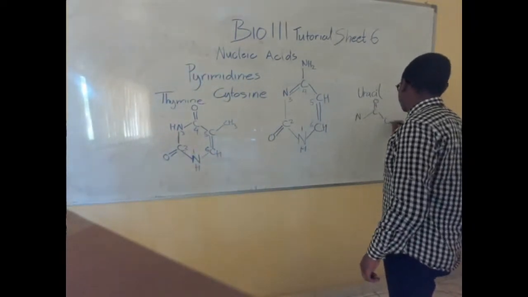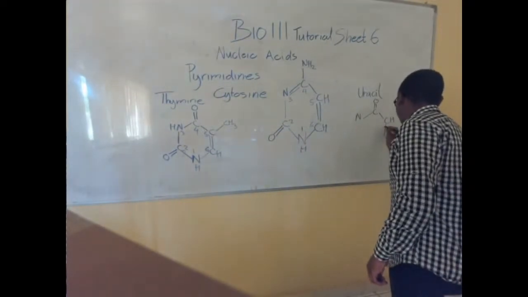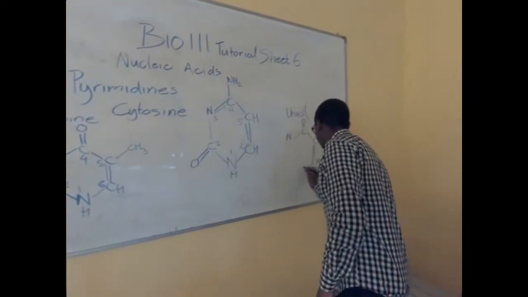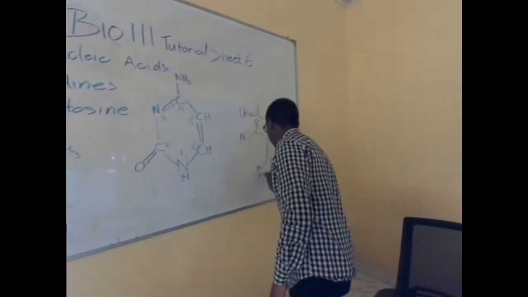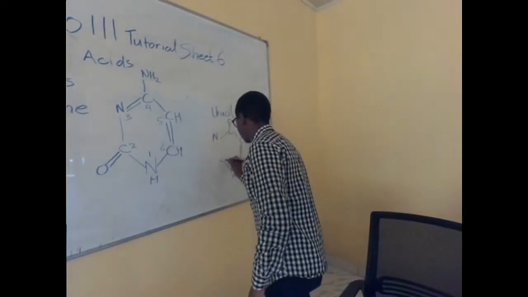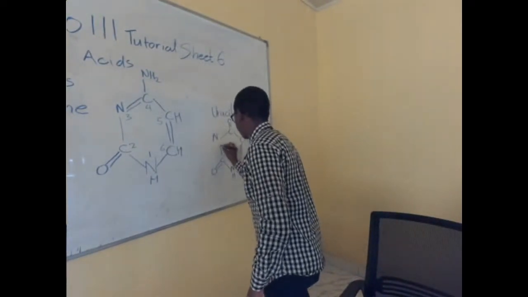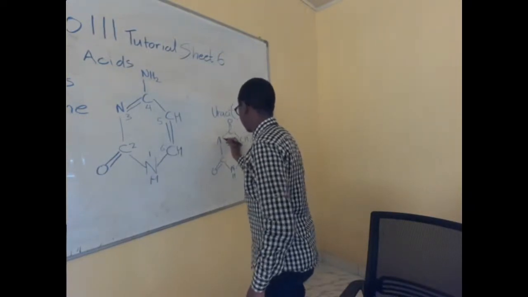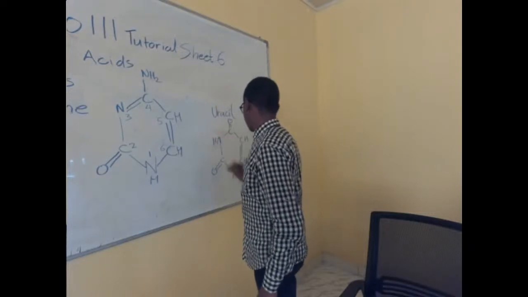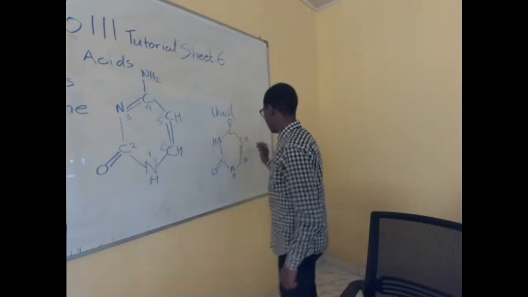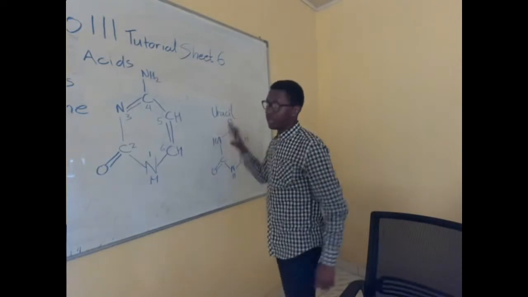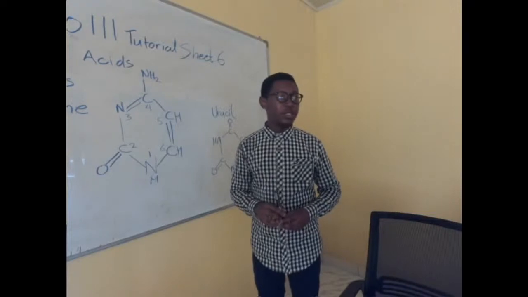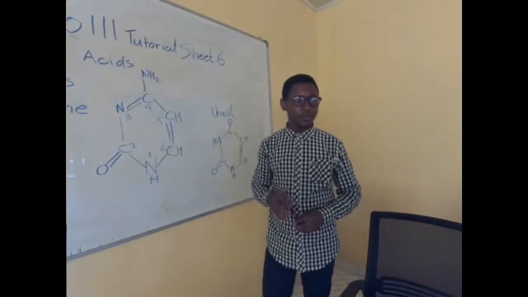Instead, we just have a hydrogen atom attached there. Okay, so this is your uracil. So these are the 3 pyrimidine structures that exist.